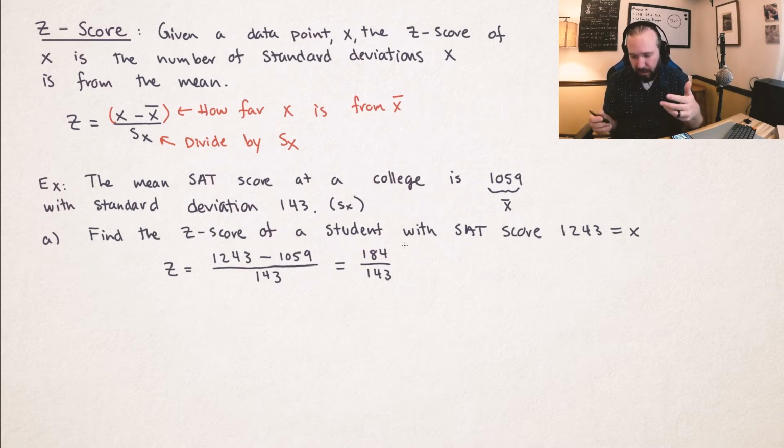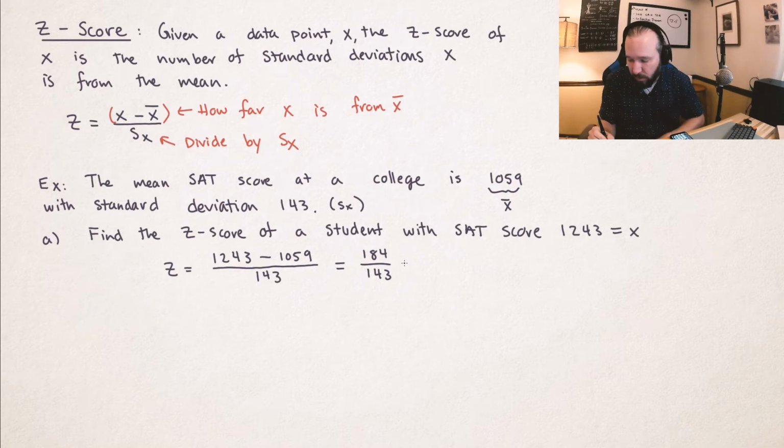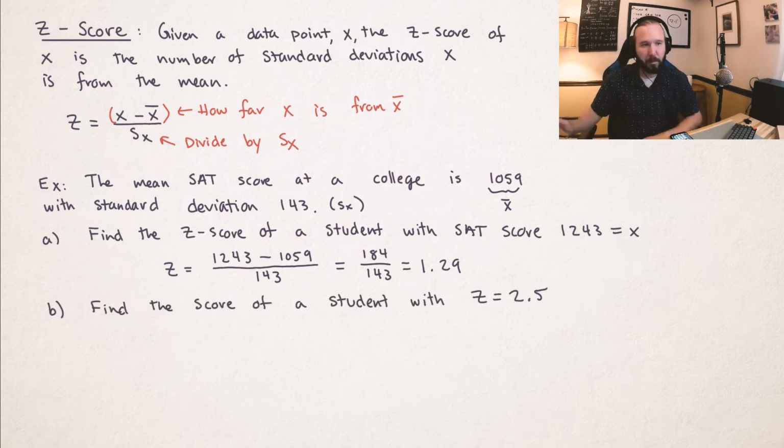So instead of counting raw points, we're trying to count number of standard deviations. If I took your number of points and broke that up into groups of size 143, that would tell me how many standard deviations this student is above the mean. I got 1.29 when I rounded it. So this student is outside level 1 and inside level 2 on the empirical rule.